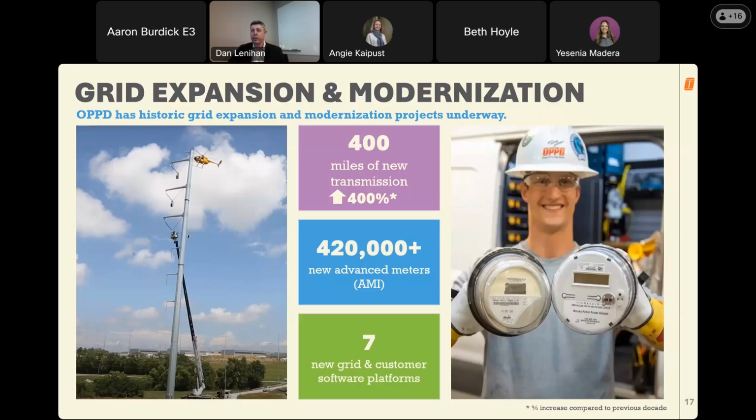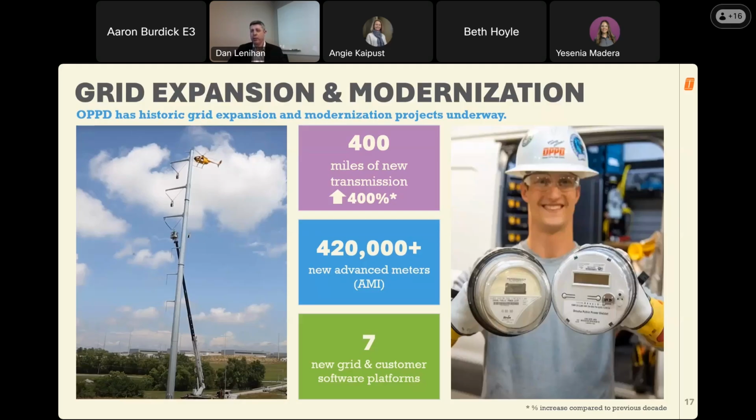So in addition to grid expansion, we have some large grid modernization plans as well on our distribution system in flight. So we initiated a project to completely replace and modernize all of our 420,000 plus meters with AMI or advanced metering infrastructure. As part of that AMI effort, we're also replacing and adding multiple new distribution grid and customer software platforms, along with new communication networks.